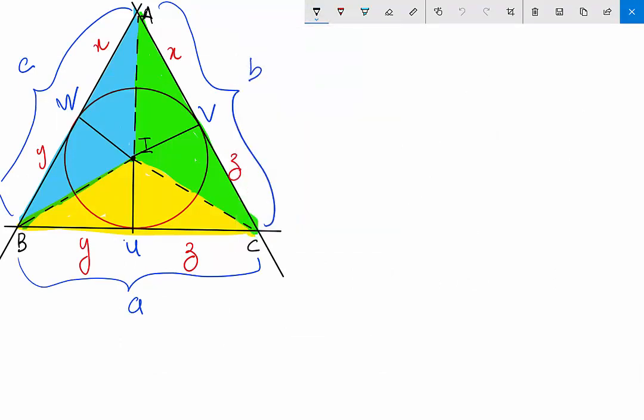Okay, so let's consider this much cleaner picture, and to proceed, I'll make the observation that the area of ABC is precisely the area of IBC, which is the yellow triangle, plus the area of IAC, the green one, plus the area of IAB, the blue one. Now let's look at the yellow triangle.